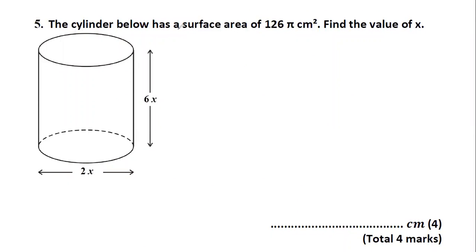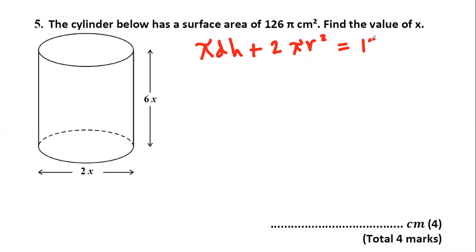It says the cylinder below has a surface area of 126 centimeters squared. Find the value of x. Again, if its total surface area is equal to 126 pi centimeters squared, we have to write the formula for the curved surface area, which is pi dh, plus 2 times pi r squared.